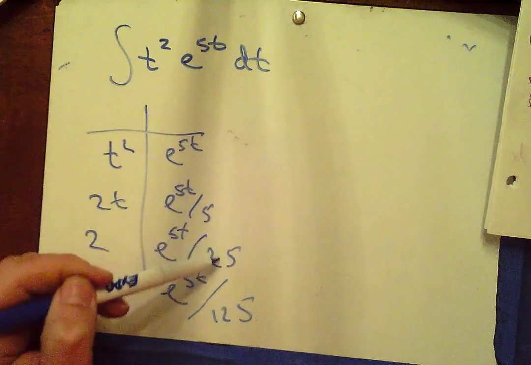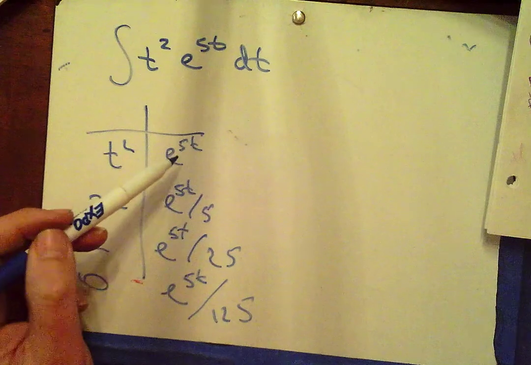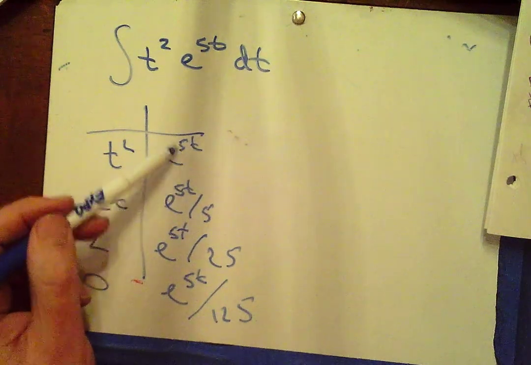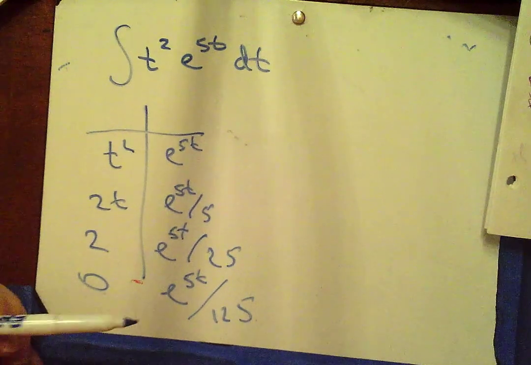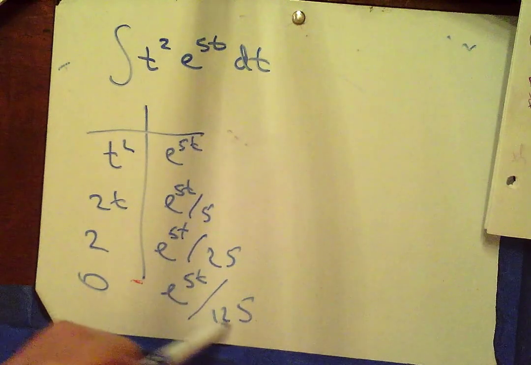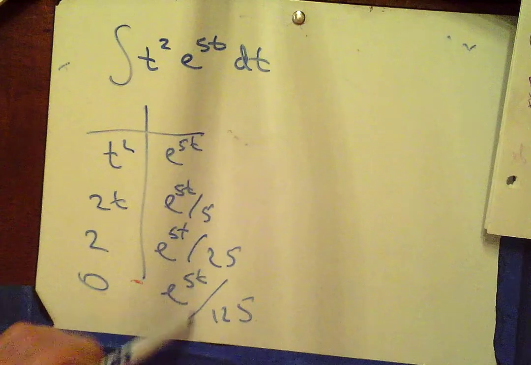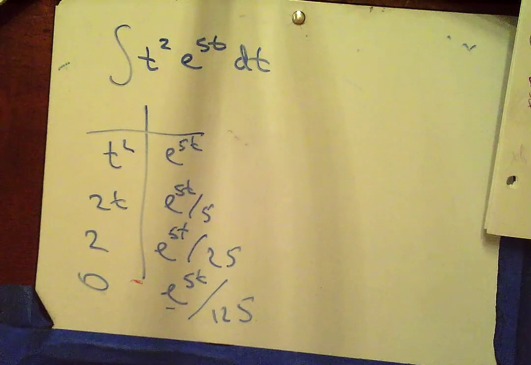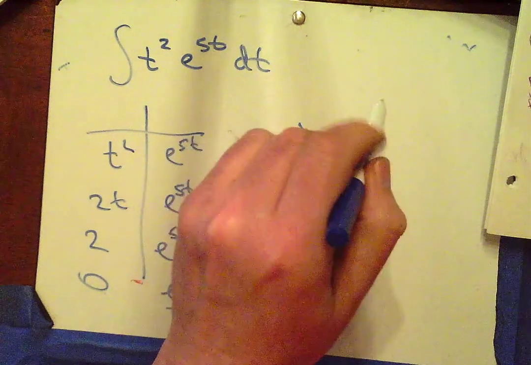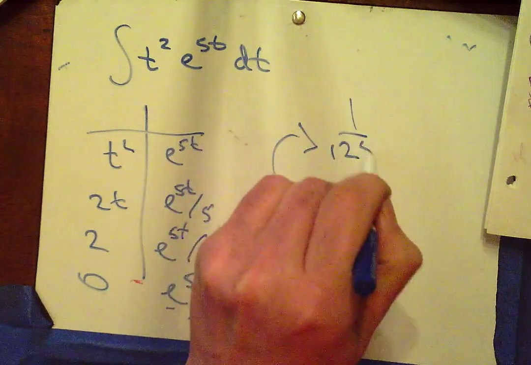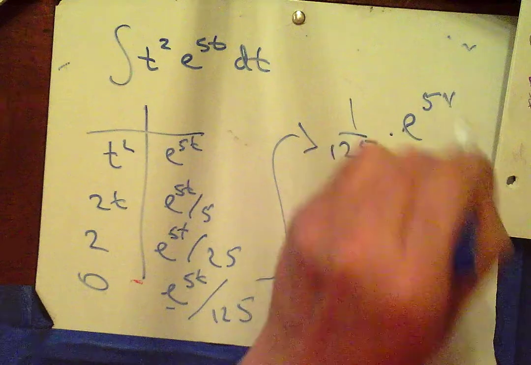I've got to divide by another 5 each time I go back, because this 5t is always there. Every time I take that derivative, I have an extra 5 on the bottom to cancel with that 5 that comes out from taking the derivative of the inside part. I mean, let's look. We've got 1 over 125 times e to the 5t.